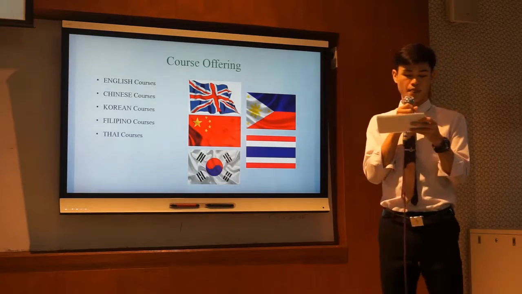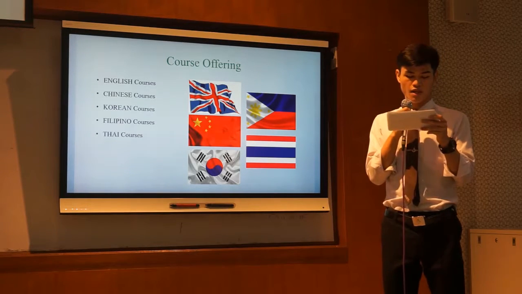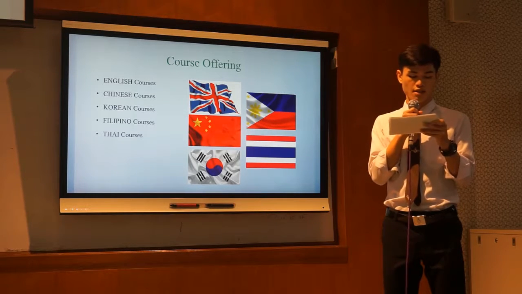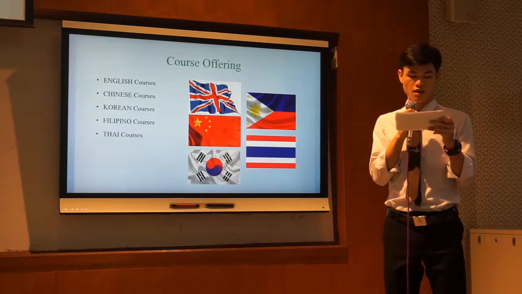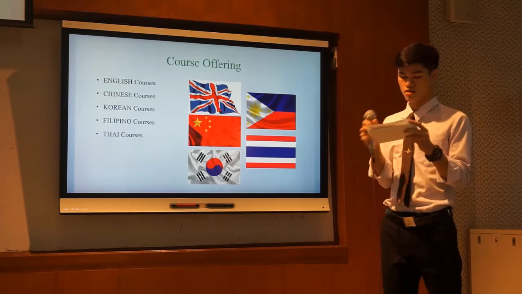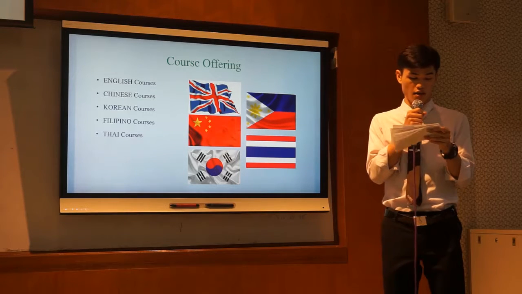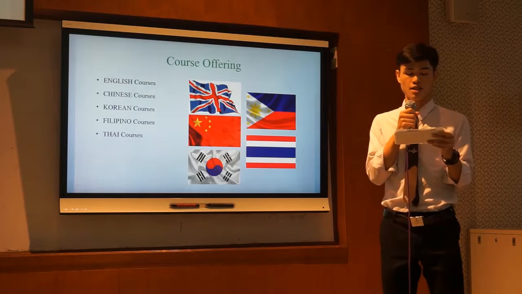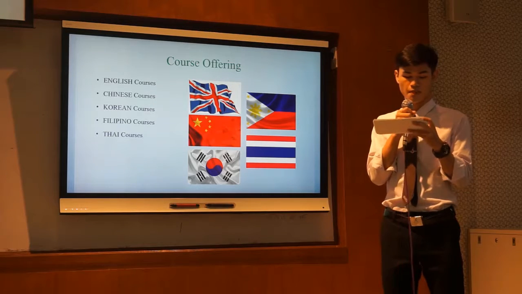Course offering. English courses are categorized into 7 parts: speaking course, listening course, reading course, writing course, grammar and vocabulary, and English for specific purposes. Chinese: there are Chinese conversation, HSK preparation, Chinese culture, Chinese arts and crafts.